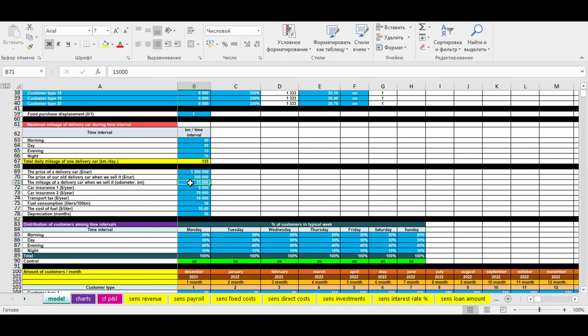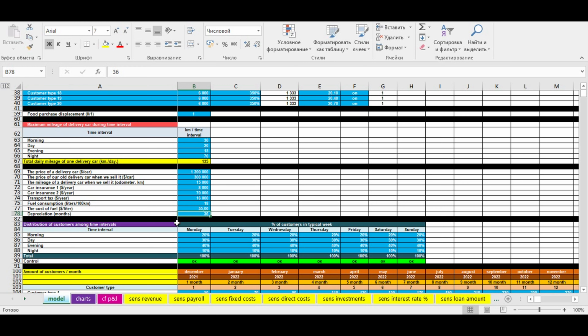Then you specify the insurance payment in dollars per year and transport tax payments also in dollars per year. Then you enter the fuel consumption in liters per 100 kilometers. After that, you specify the price per 1 liter of fuel in dollars. Then you set up a depreciation period for a delivery car in months.